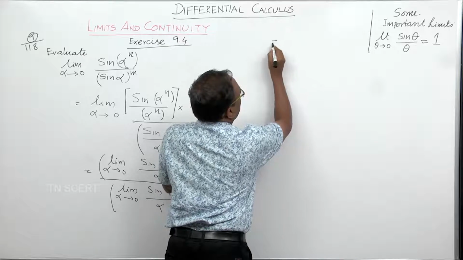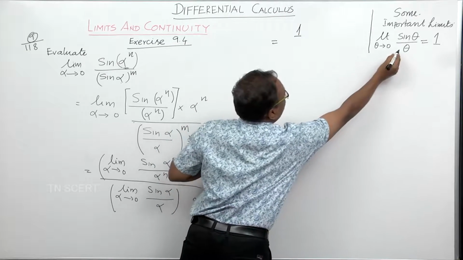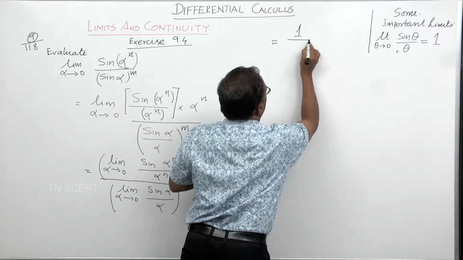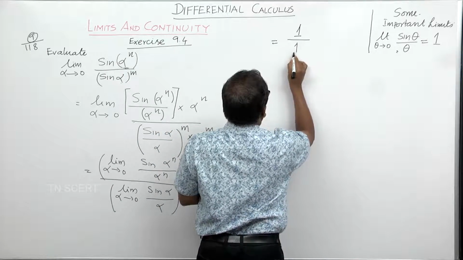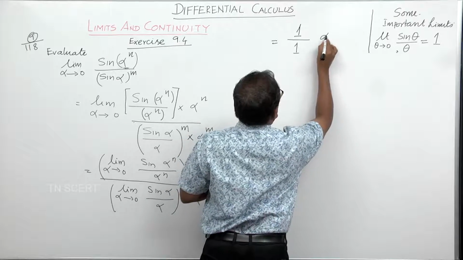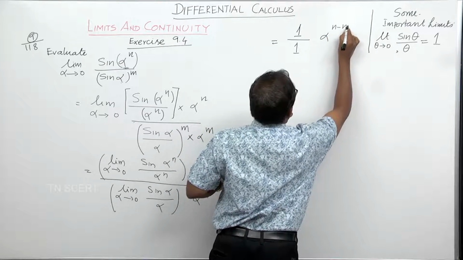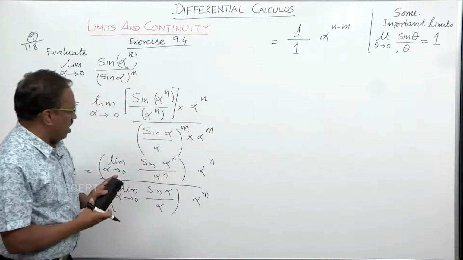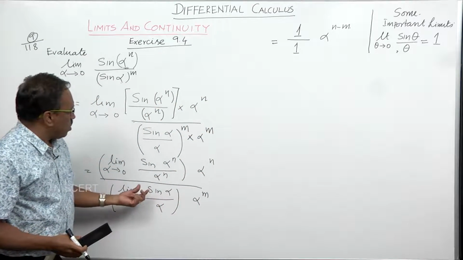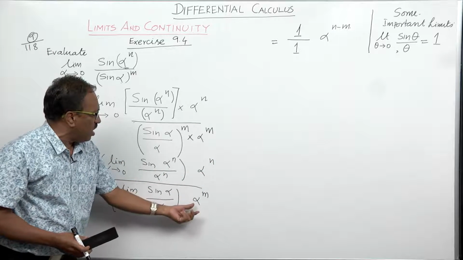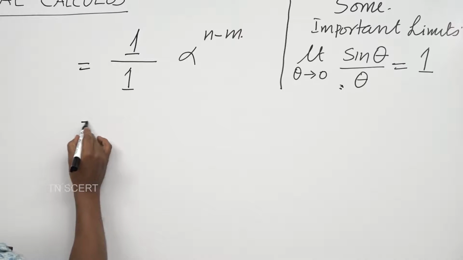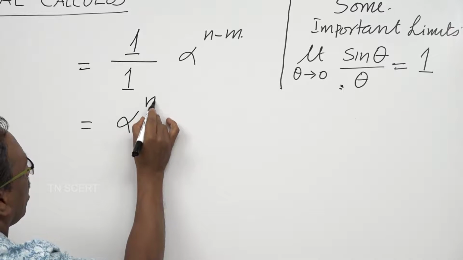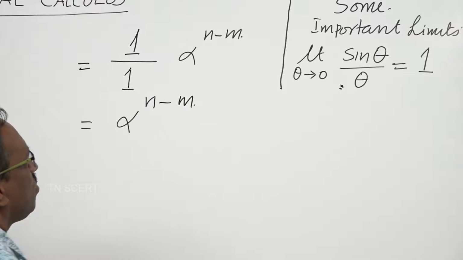So, applying this, what I am getting is 1 by 1, and here alpha power n minus m. I have got alpha power n here and alpha power m here, giving alpha power n minus m. Finally, I am getting alpha power n minus m.